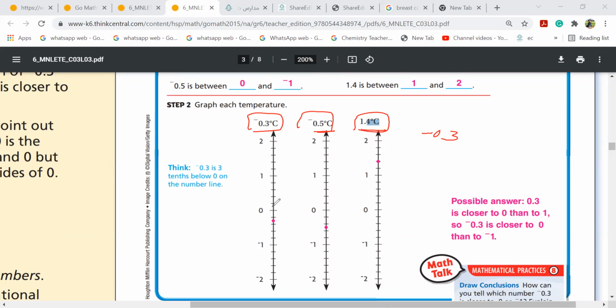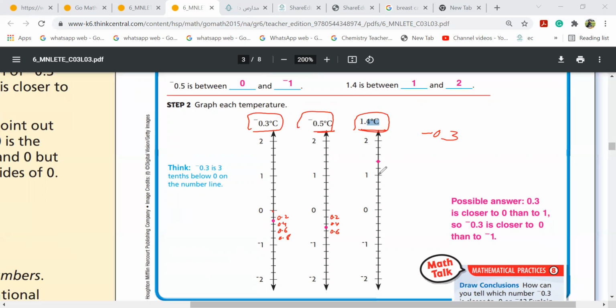Carefully look at it, girls. I have 0 here, and I have 1 here. That means this is 0.2, this is 0.4, 0.6, 0.8. Now, of course, 0.3 will be here. Now 0.5: if this is 0.2 and 0.4, 0.6, then 0.5 is between 0.4 and 0.6.